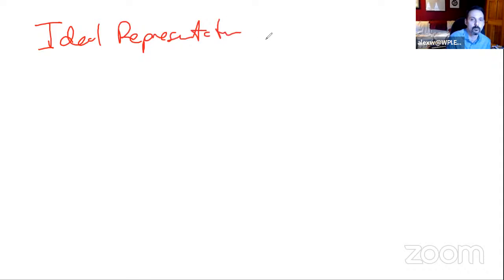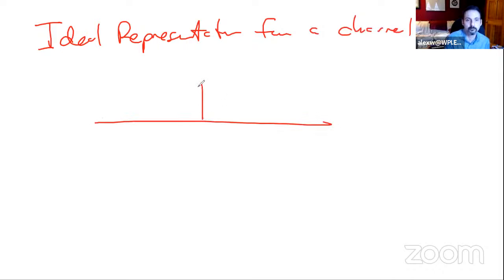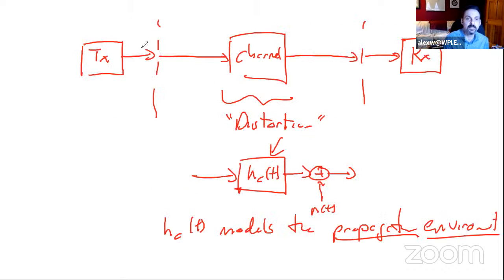So the ideal representation for a channel is this, the delta, right? Because what happens? So let's go back. Let's say the output here is s(t), the input to the receiver is r(t), right?